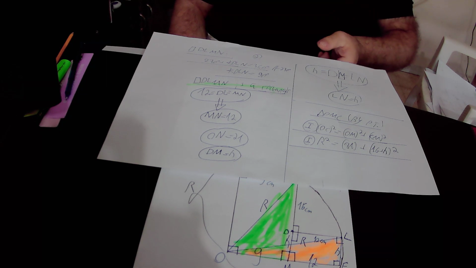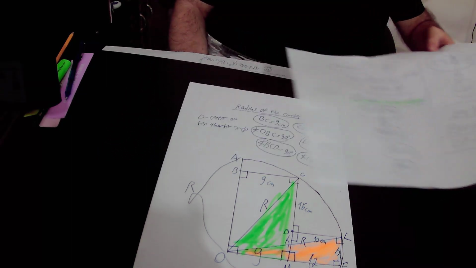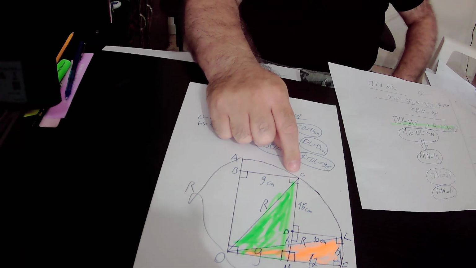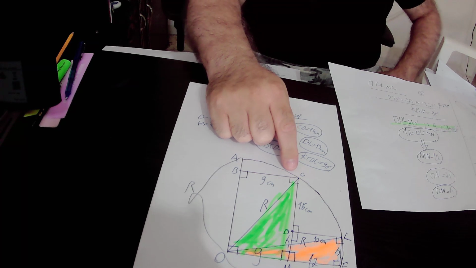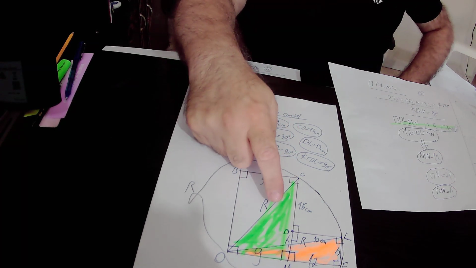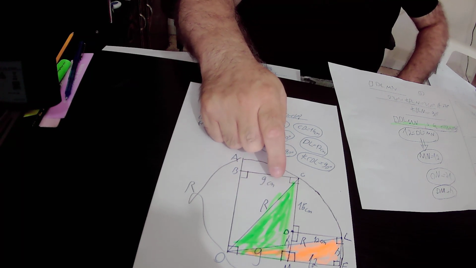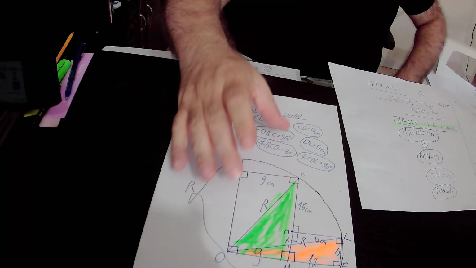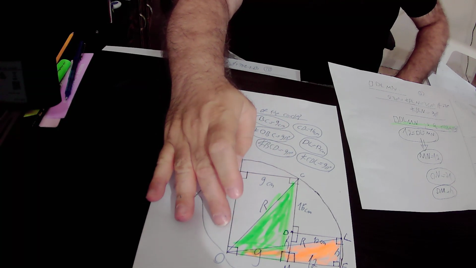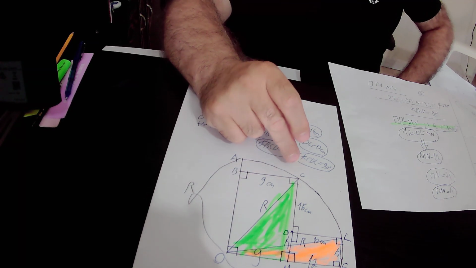In the next step, we join points O and C together by a straight line. By joining points O and C, we created the green right triangle OCM. We implement the Pythagoras theorem on this right triangle. Point O is the center of the quarter circle, and point C is a point on the quarter circle itself.